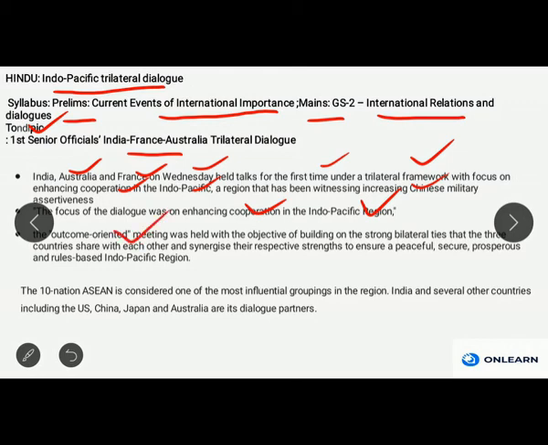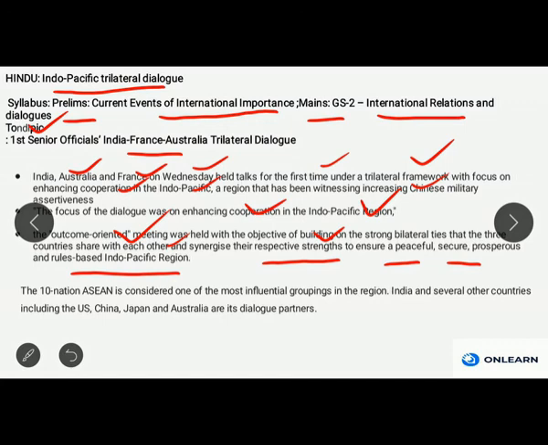And it was an outcome-oriented meeting which was held with the objective of building on the strong bilateral ties that the three countries share with each other and synergizing their respective strengths to ensure a peaceful, secure, prosperous and rules-based Indo-Pacific region.